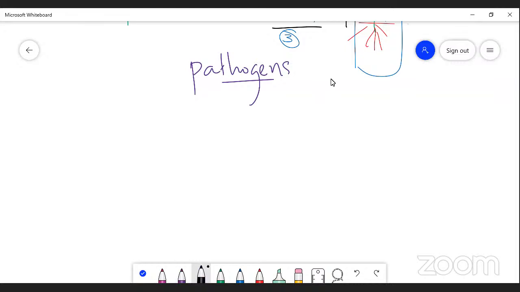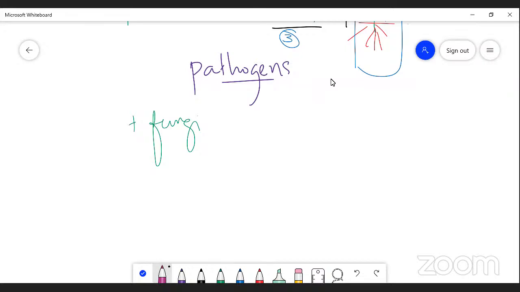So I'd like to give some pathogens. The first one is fungi. Now we have heard about what fungi are, what the types of fungi are, their general characteristic features, and the diseases caused by fungi. We have discussed a number of diseases.